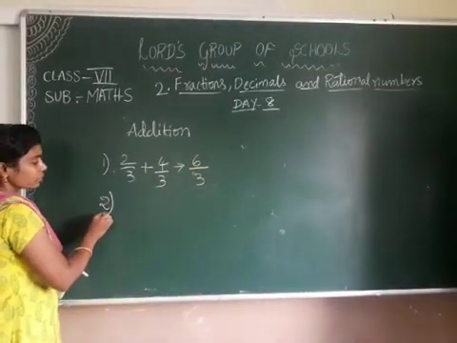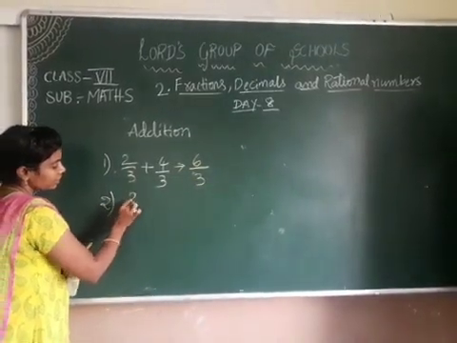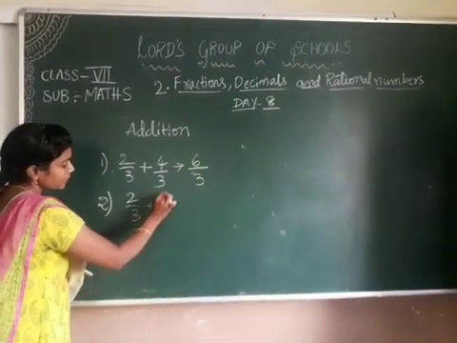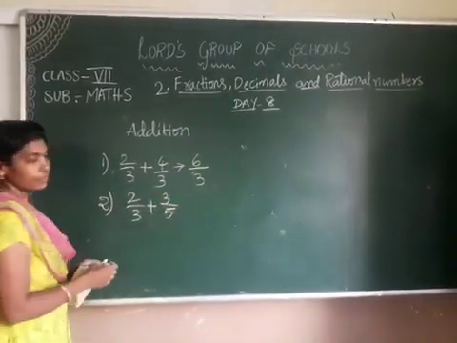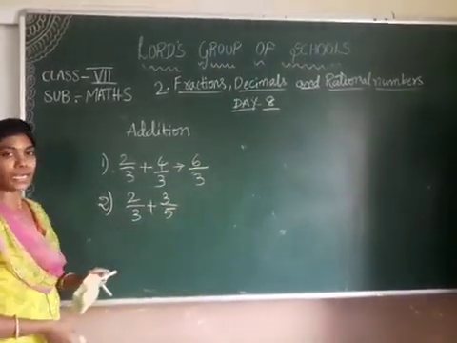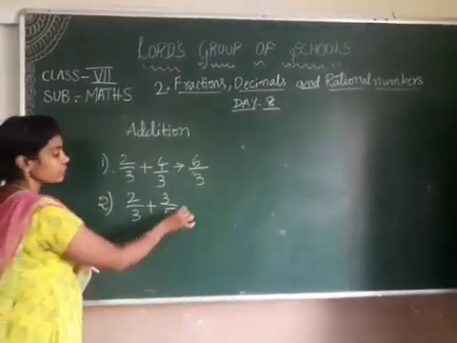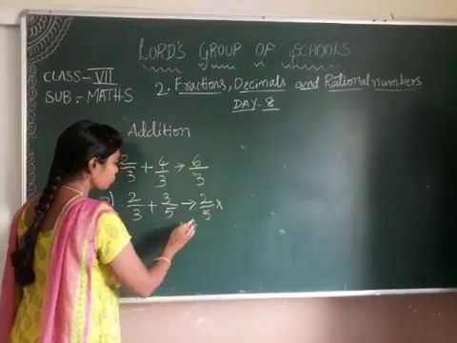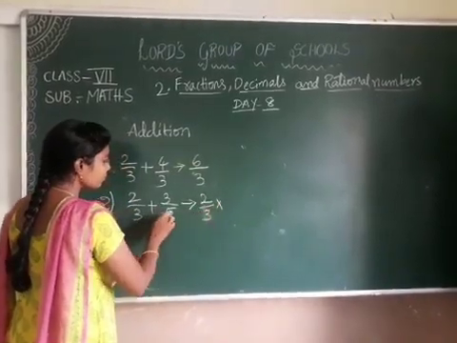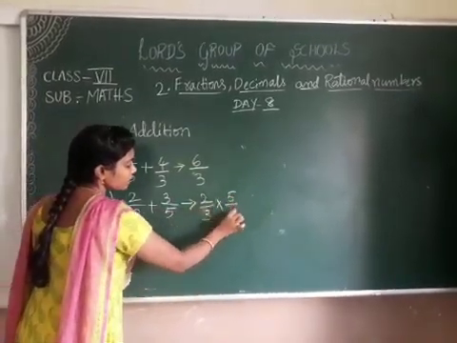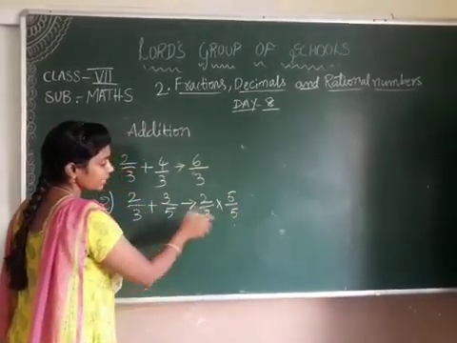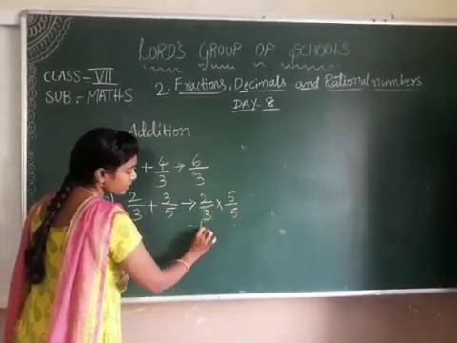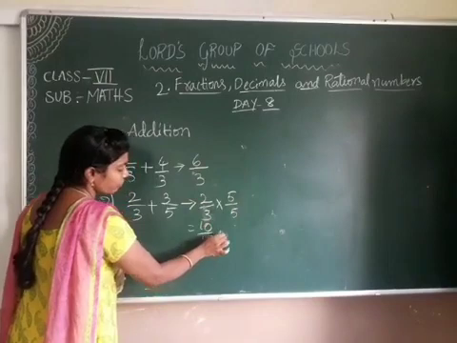Coming to unlike fractions, if I am taking 2 by 3 plus 3 by 5, we can use the method we used to compare unlike fractions. First we will convert these fractions to like fractions. 2 by 3, multiply the numerator and denominator by the denominator of the second fraction. We get 2 5s are 10, 3 5s are 15.